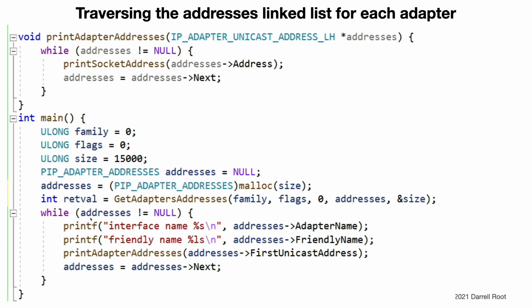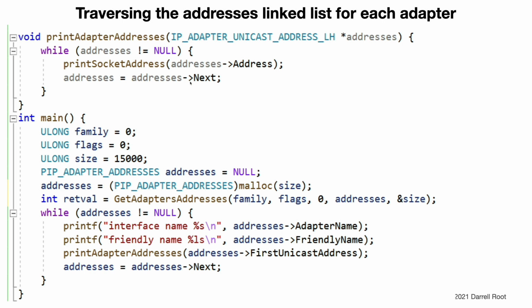So for each adapter, we are printing out the interface name and the friendly name like we did before, and then I call the function print_adapter_addresses where I pass in the first Unicast address. Up here we have the print_adapter_addresses, and I traverse the linked list. So while the address is not null, then I print the socket address and then go on to the next address.